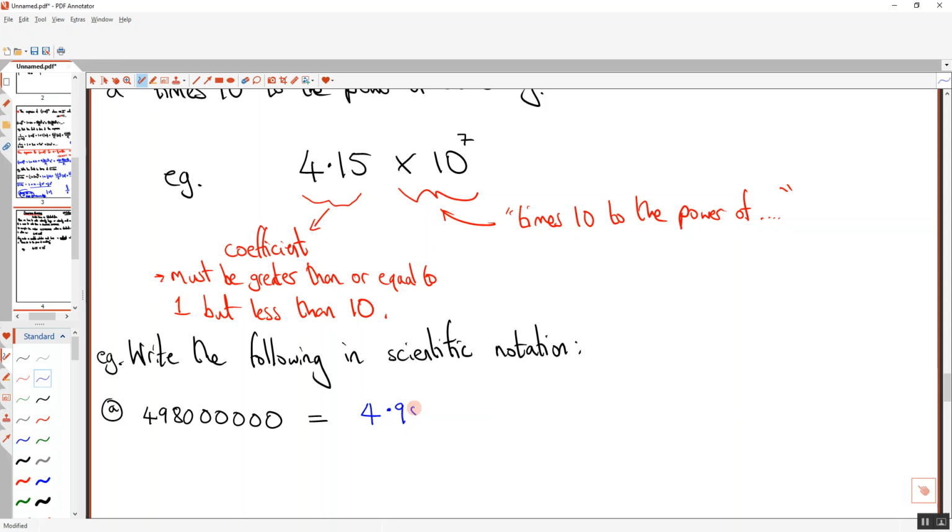So 4.98 is definitely less than 10. It's also greater than 1. We also said we have to have a times 10, and we now need to work out what this power is going to be. How are we going to figure out what the power will be?